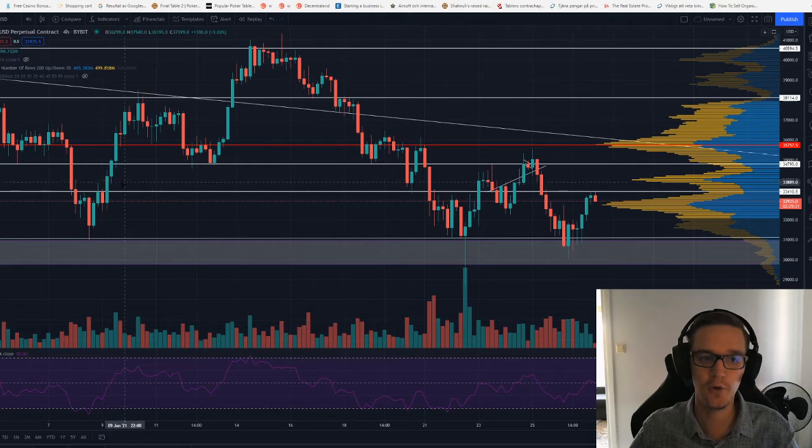We closed a 4 hourly candlestick over this support and resistance, and we got through the next support and resistance zone also. You can see that every time we're closing a 4 hourly candlestick above these supports and resistance, we often break to the next big resistance zone.